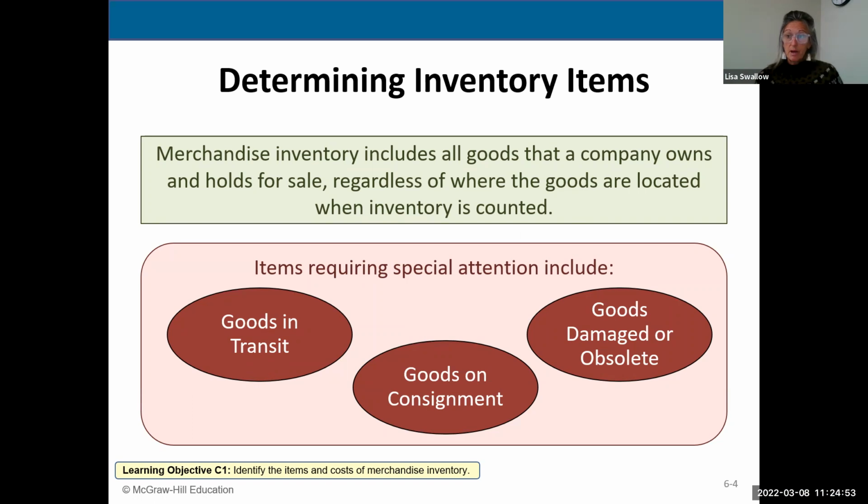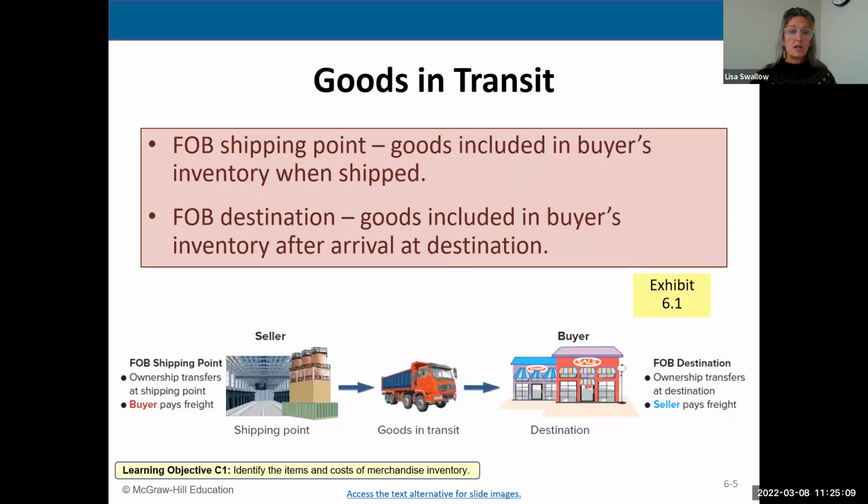Obviously, it's everything that's in my warehouse. That's critical. It's any goods that I still own that might be on consignment. And then we need to also account for goods that are damaged or obsolete or just really don't have any value to my organization anymore. So the first thing we really need to pay attention to is goods in transit.